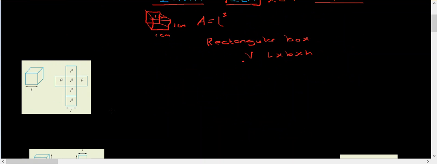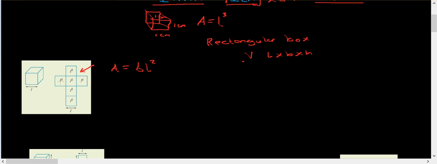If we have a look here, we have a net of this cube, and its length is L. If we take this cube, the surface area is going to be six times the length squared.